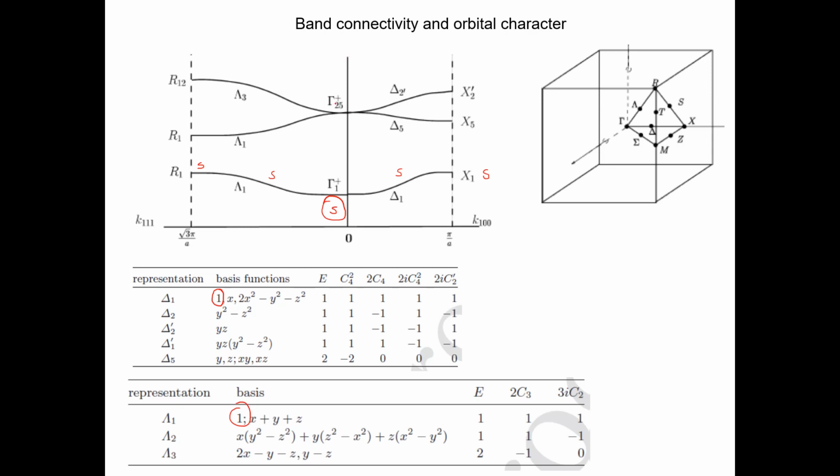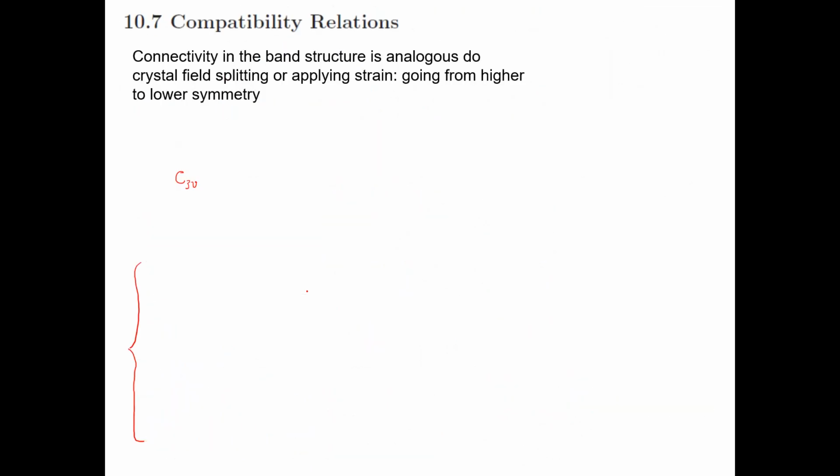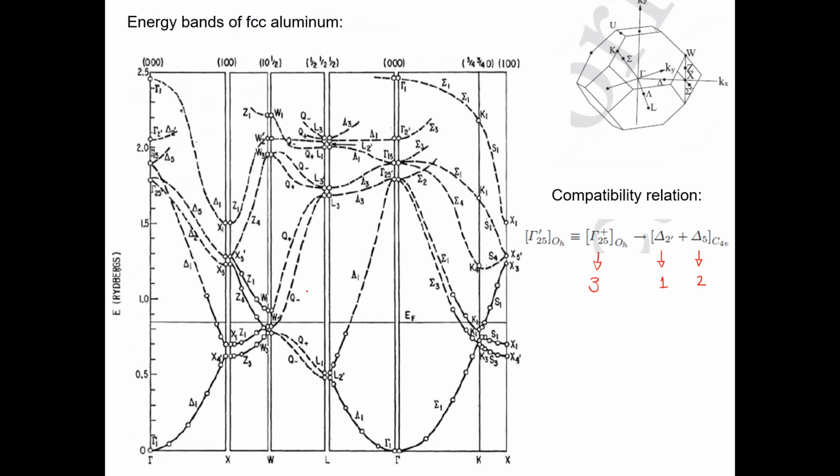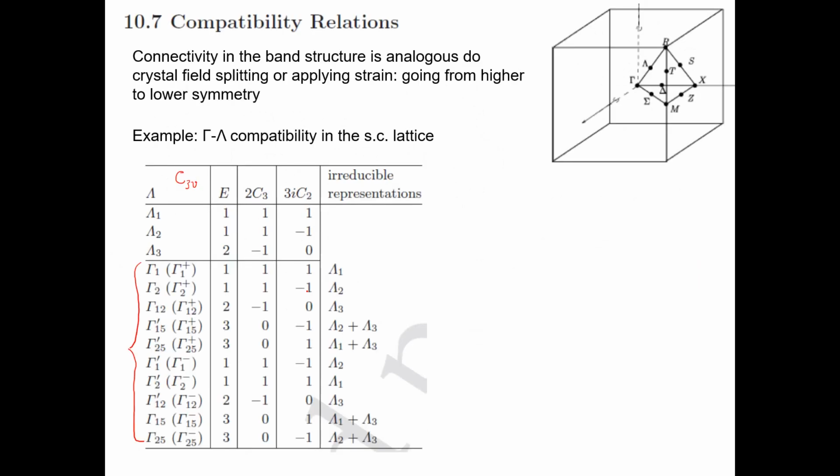Good. So now let's look at the gamma 25 plus. We can go back here. I don't think we have... Okay, probably this is not a good example.